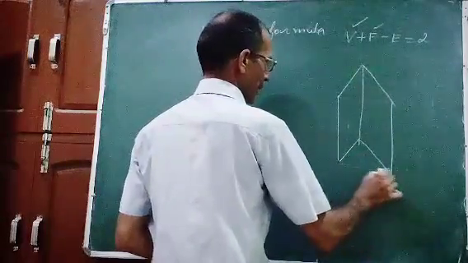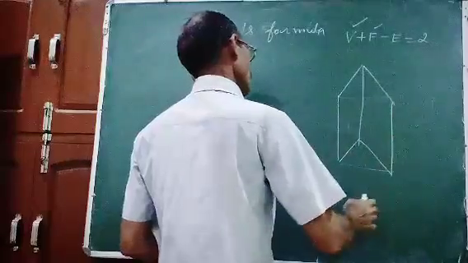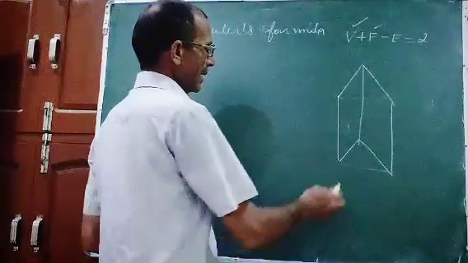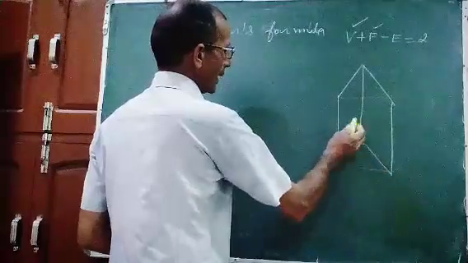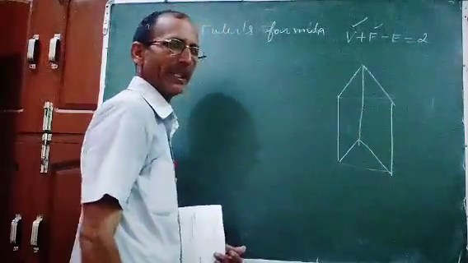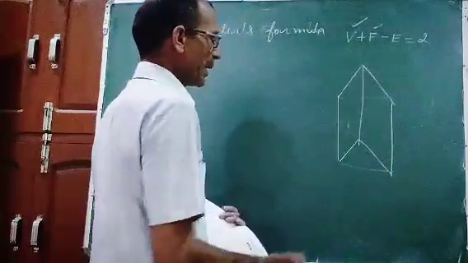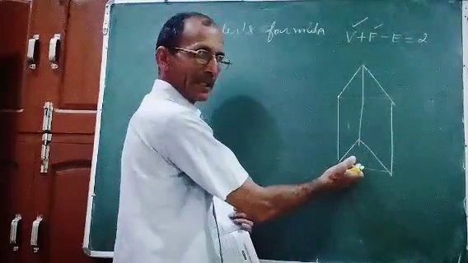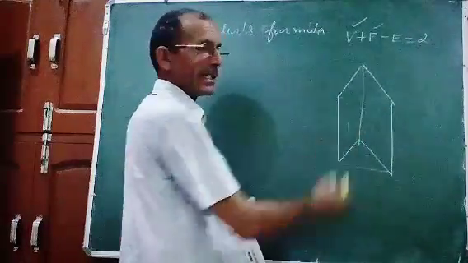This is a triangular prism. How many faces are there? In this one, 1, 2, 3, and 1 is hidden. So how many triangular faces? 1, 2, 3 are on this side, 1 is this, 4, and 1 is the top.